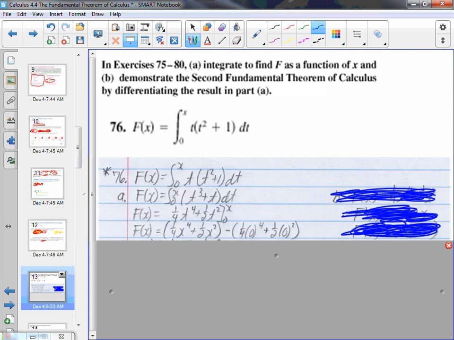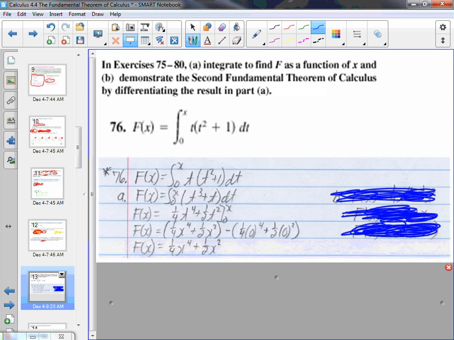Minus, and now we evaluate the antiderivative for the lower limit of integration. So 1/4 0 to the 4th plus 1/2 0 squared. And all that turns into a 0. That's kind of nice. So capital F of x equals 1/4 x to the 4th plus 1/2 x squared.